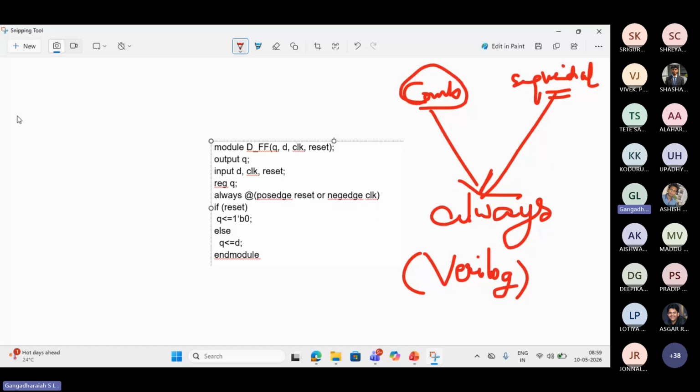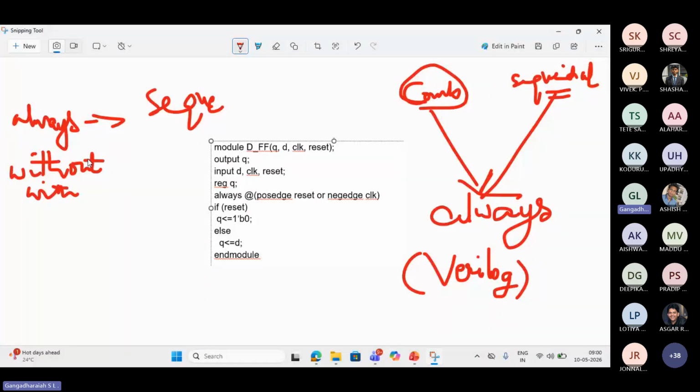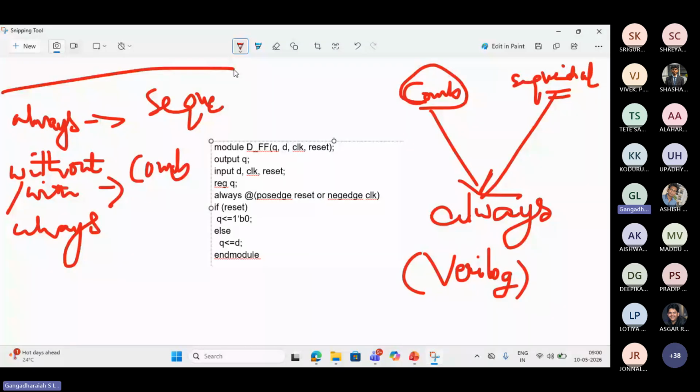Always is mandatory for sequential, but in general, you can build combinational logic both with and without always. But to build sequential logic, always is very much important and mandatory, of course.